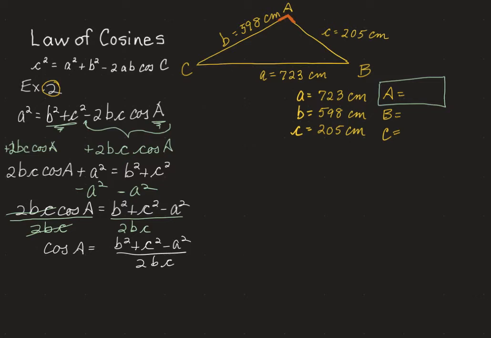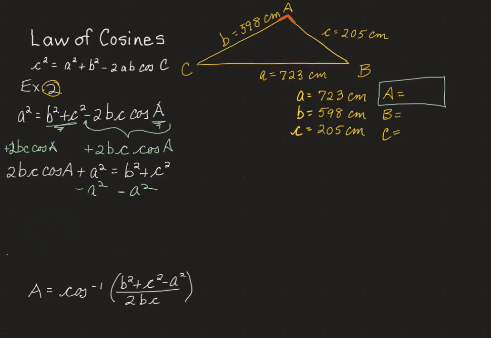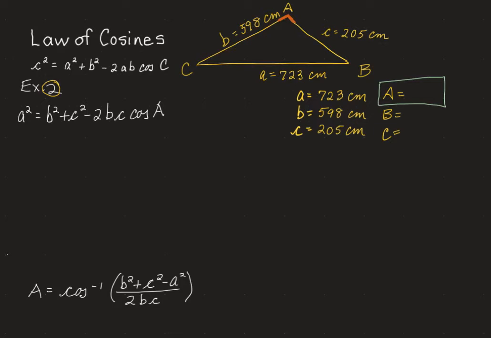We still have to free angle A from cosine, so we'll take the inverse cosine of both sides. And finally, we have a version of the formula that we can easily substitute our values into and calculate an answer without a lot of rounding error.